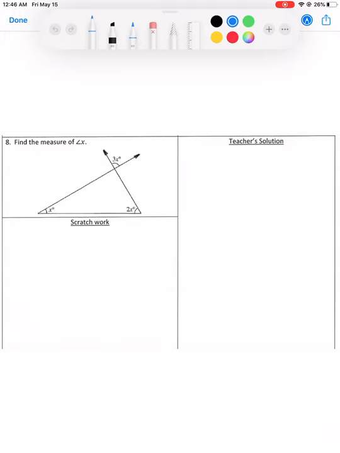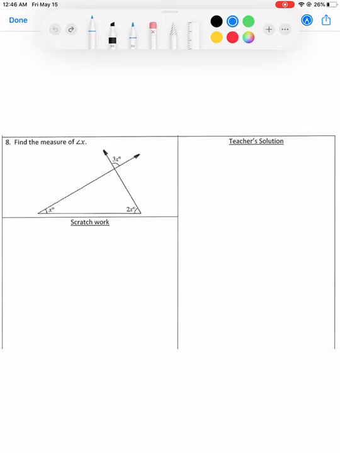Okay, here's number 8. We need to find out what angle x is, but the trick here is that there are no numbers. We just have x right here, 2 times that angle there and 3 times that here. But we do have our properties available to us. Those are tools to help us in any situation.